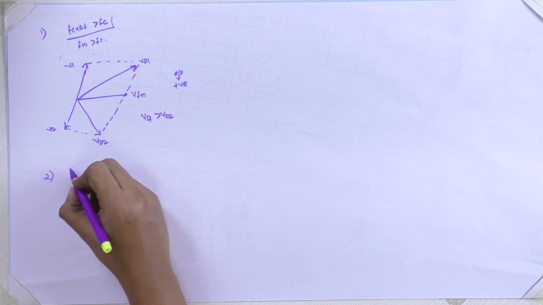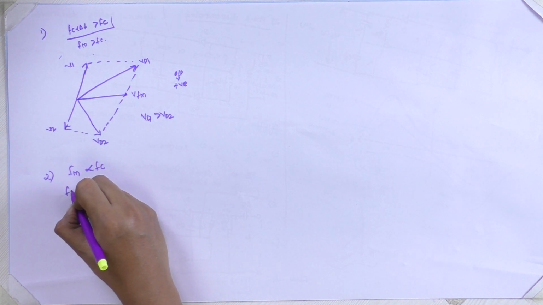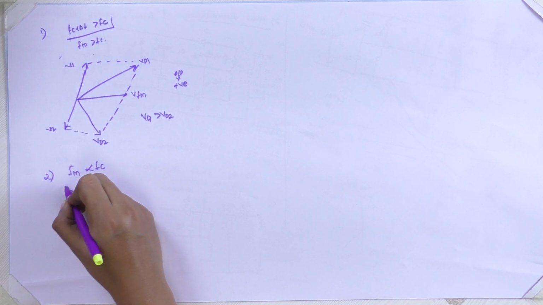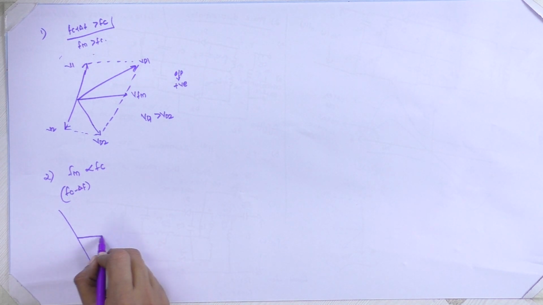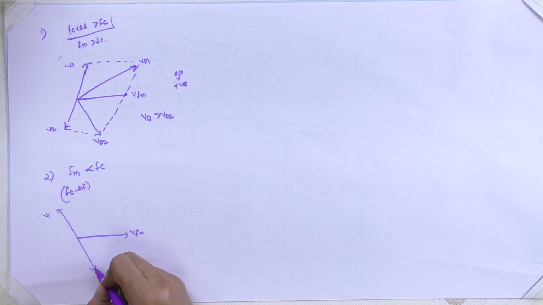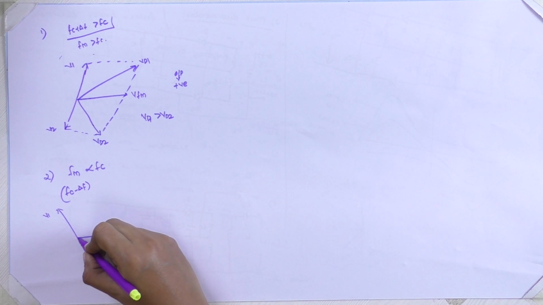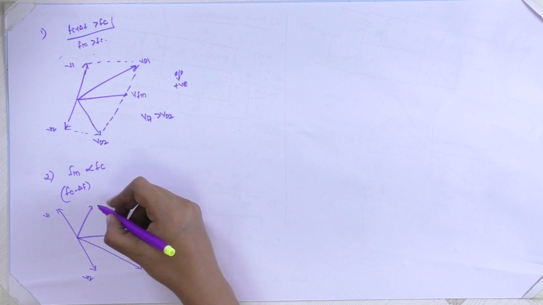The second case will be when the FM input signal frequency is less than FC, that is, in the case of FC minus del F. In this case, what will happen? It will shift the direction. This is our VFM, this is our V1 and this is our V2. Therefore, VD2 will be conducting more compared to that of VD1.